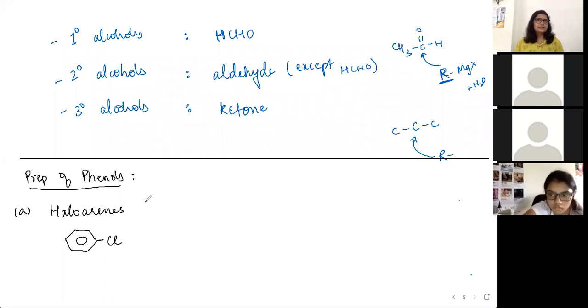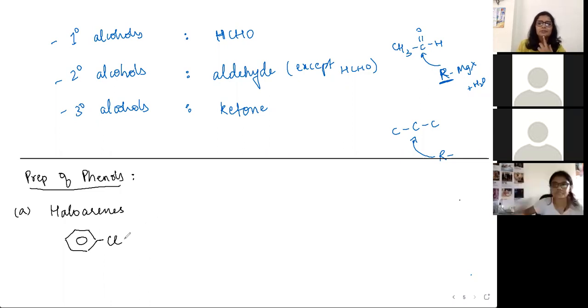We discussed this: if it was haloalkanes, then you go with nucleophilic substitution. So we had SN1, SN2, all of that. But in the case of haloarenes, we said it's not as reactive, except in one case. So chlorobenzene, in a very specific condition, can be converted into phenol.